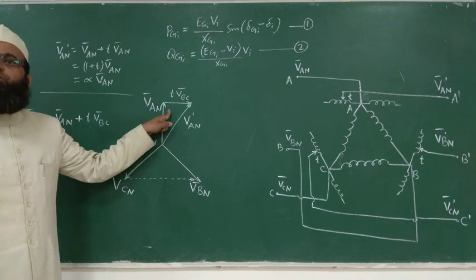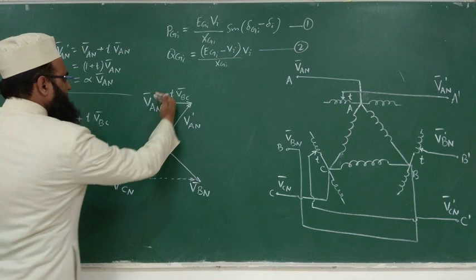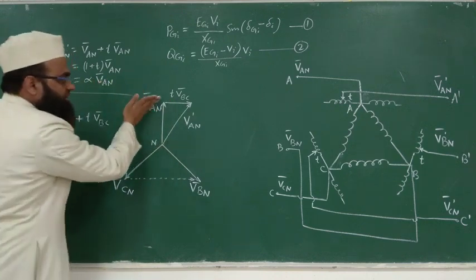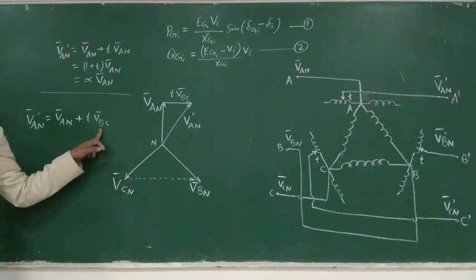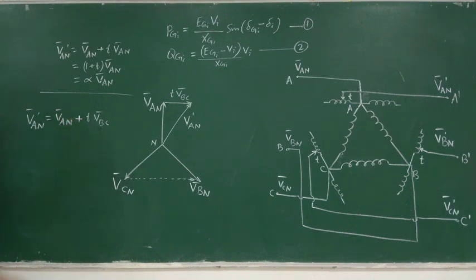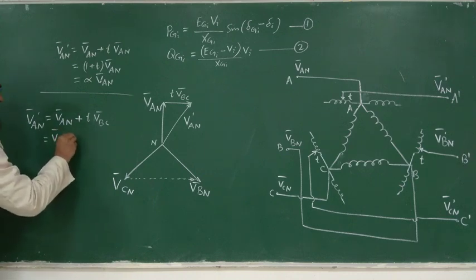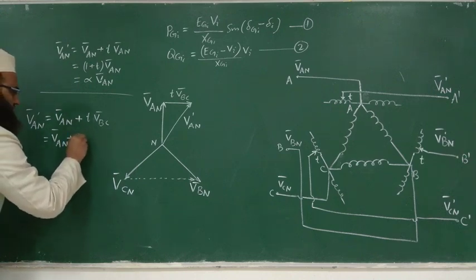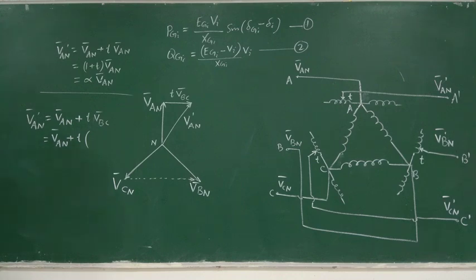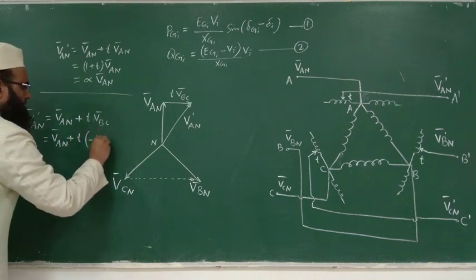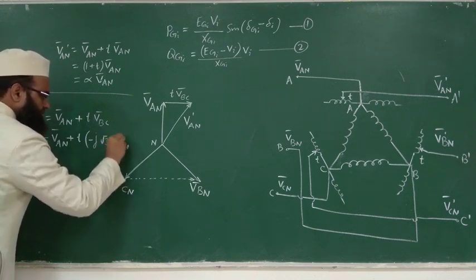So will you multiply with J or minus J? Minus J. You know that, right? Because if you multiply with J, then this will be this phasor, right? So you will multiply with minus J, and the magnitude of this will be root 3 times that of. So can we write this as VAN plus T times, in place of VBC, minus J root 3 VAN phasor.